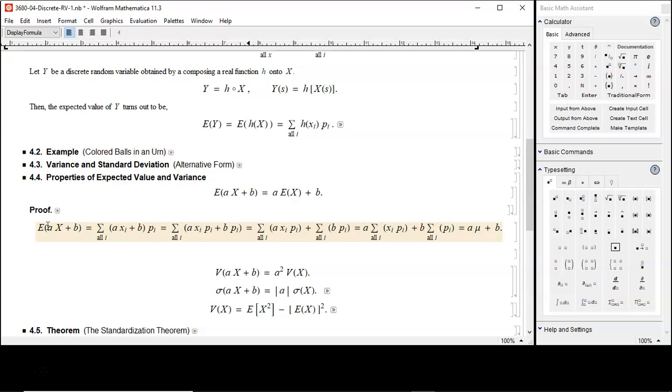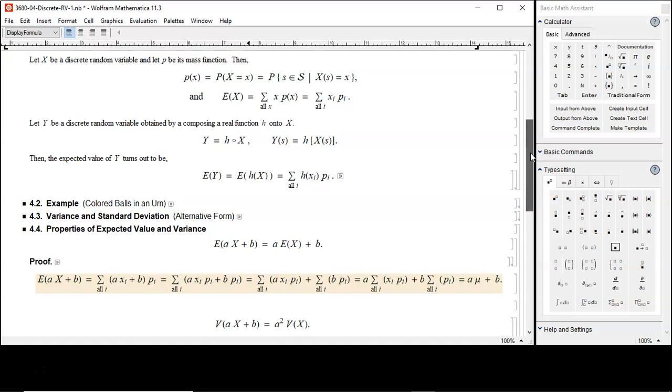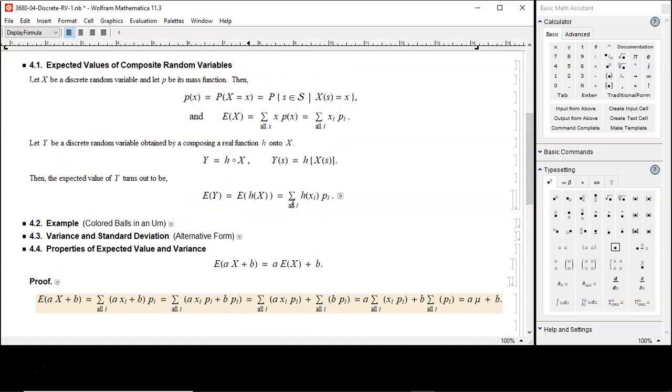Alright, at the first step here, we used the idea of the composite expected value, or expected value of composite random variables. Some function expression of the payoff times the probability part, which always stays the same. The p_i part is always the same. And this function in this particular case is ax plus b.